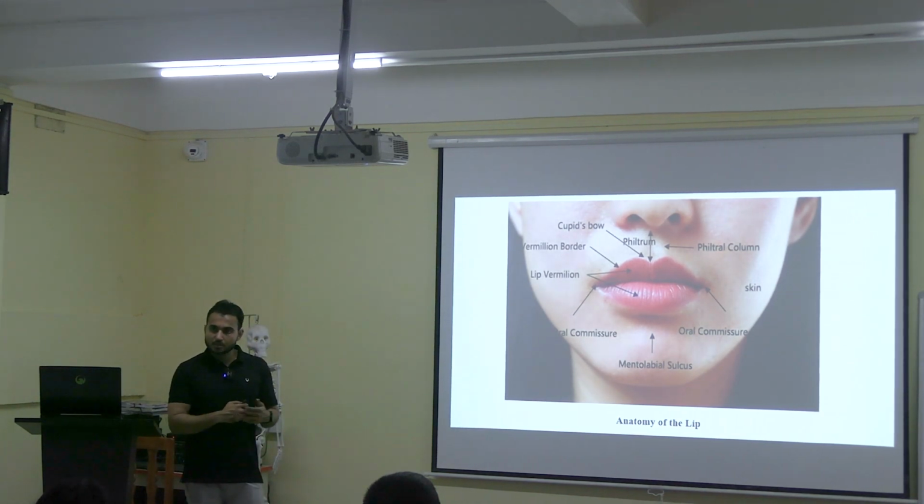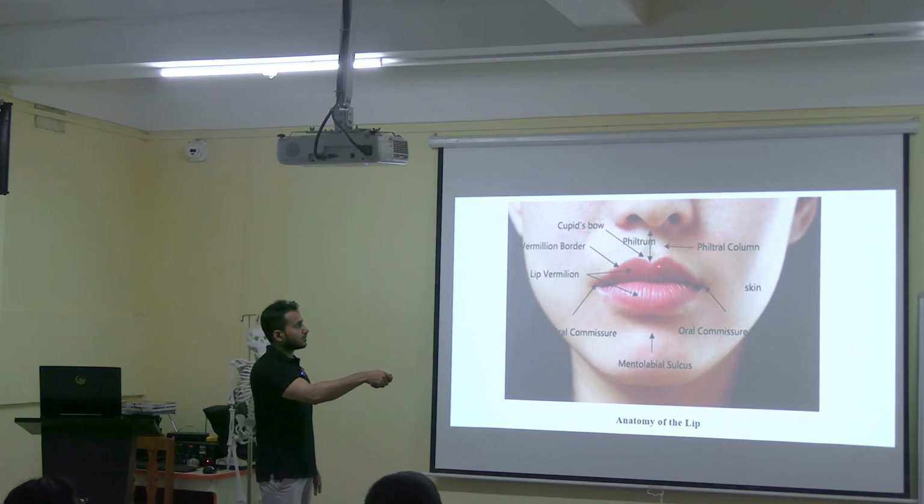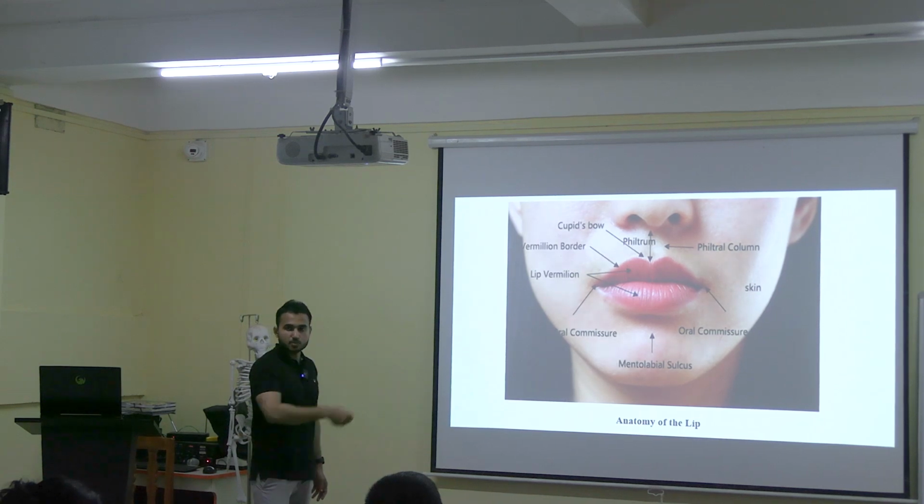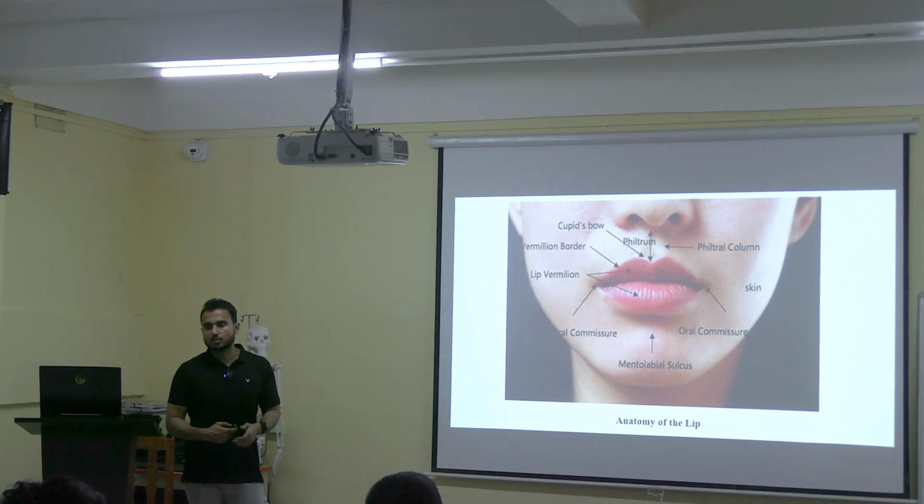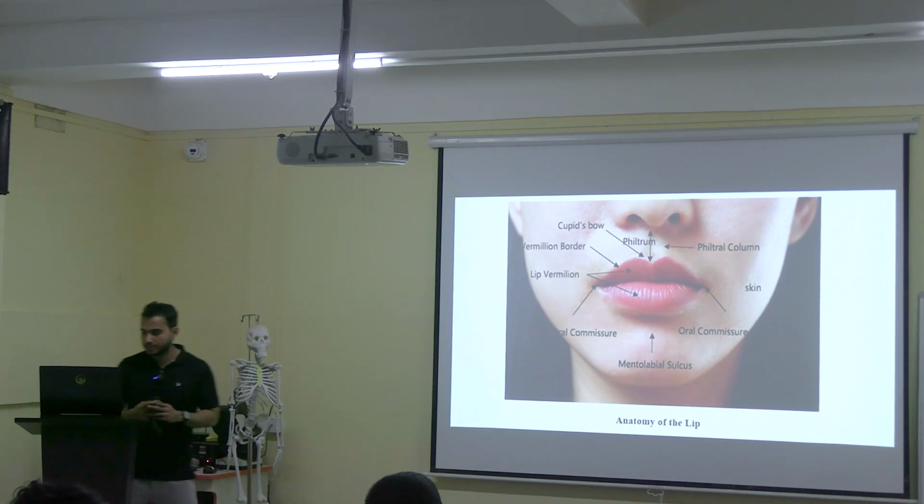Deep to that, sebaceous glands and sweat glands are present, but hair follicles are absent. Now the question is, if hair follicles are absent, then why are these sebaceous and sweat glands present? Because the glands present deep to this area prevent its cracking. That's why these glands are present.